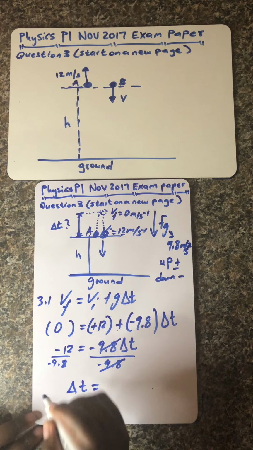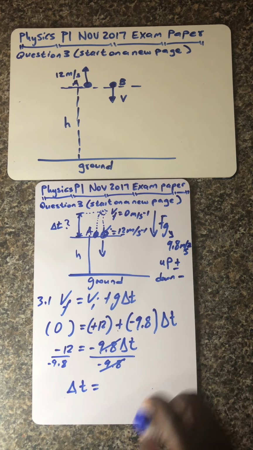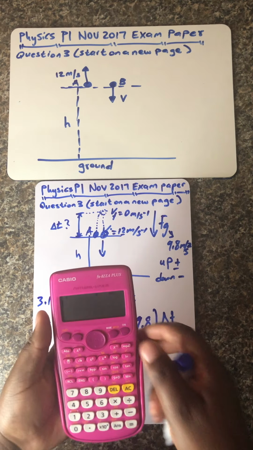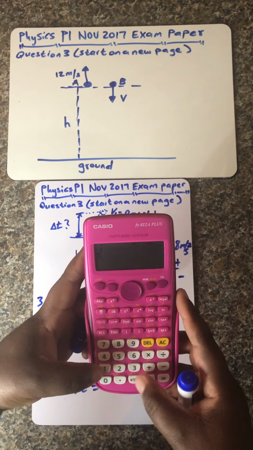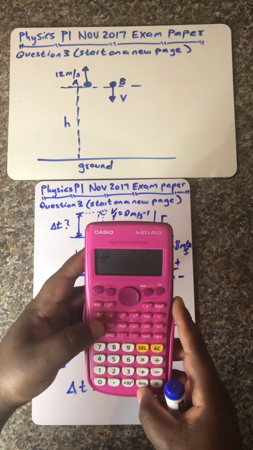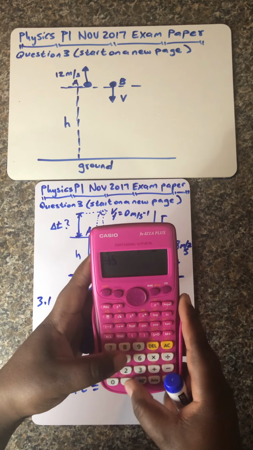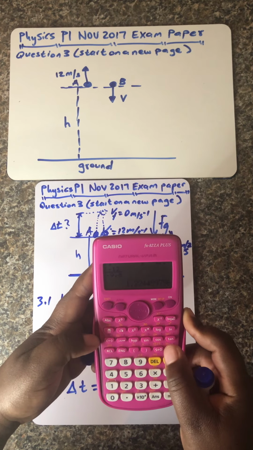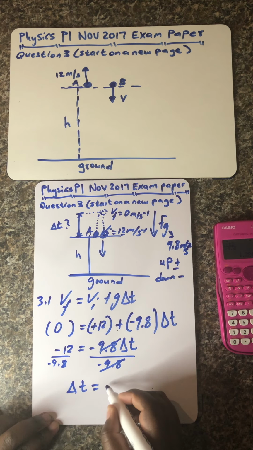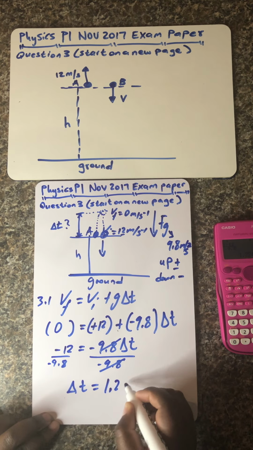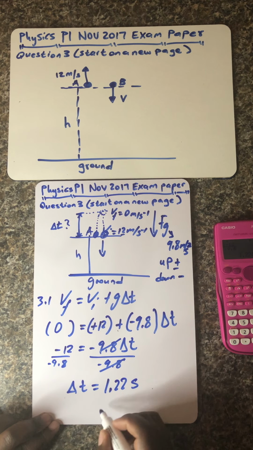Then you can punch this on your calculator. So you can pull out your calculator and press the fraction button, negative 12, use the arrow to come down, negative 9.8, which equals 1.22. So that means it takes 1.22 seconds.